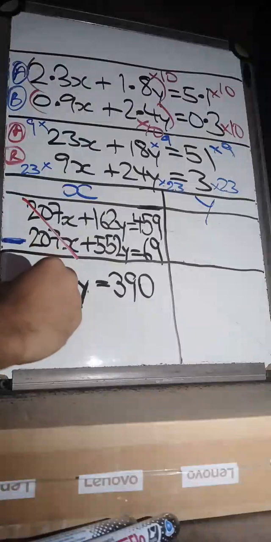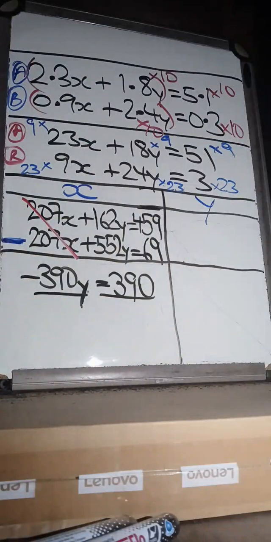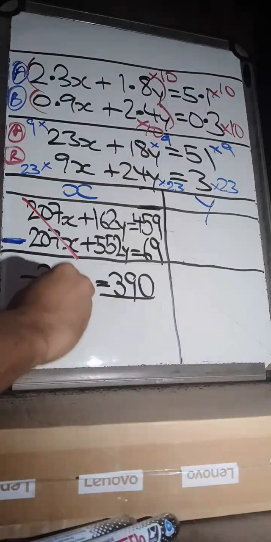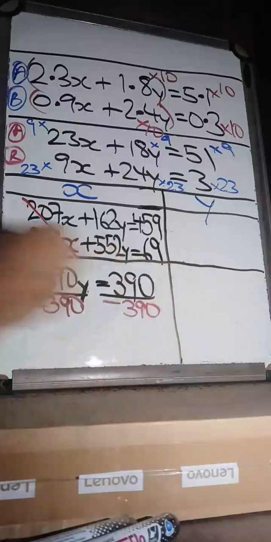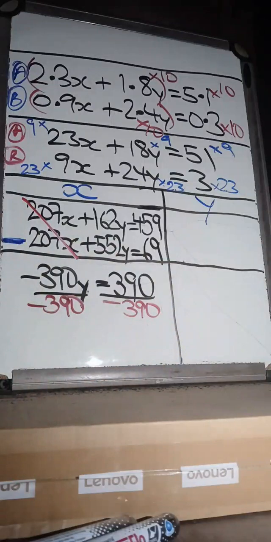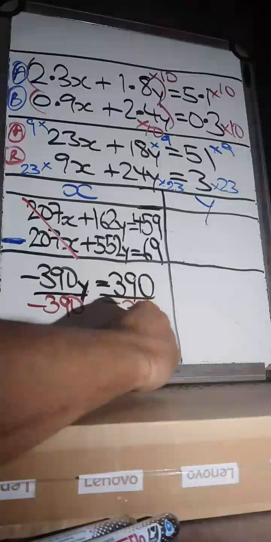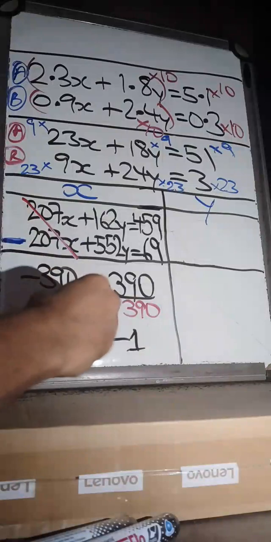So now we divide both sides by minus 390. So y is equal to -1 on this side.